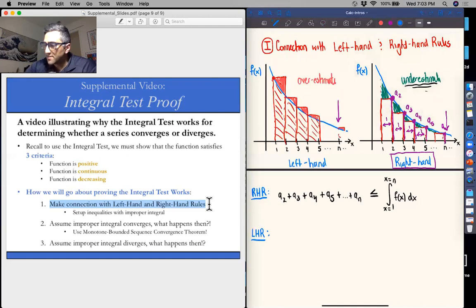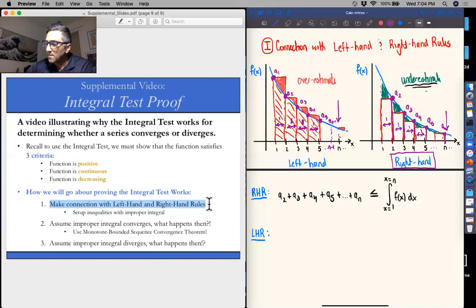A few things to note for left-hand rule, though, is of course, we're using all those values on the left side of each of those rectangles. So we're actually only marching up to the n minus first rectangle. All those values are a1, a2, a3, a4, a5, and a sub n minus 1. And each of these widths are still equal to 1 because we're just considering x equals 1, x equals 2, x equals 3, and so on. So the area approximated by those rectangles is the sum again of a1 plus a2 plus a3 plus a4 plus a5, and so on.